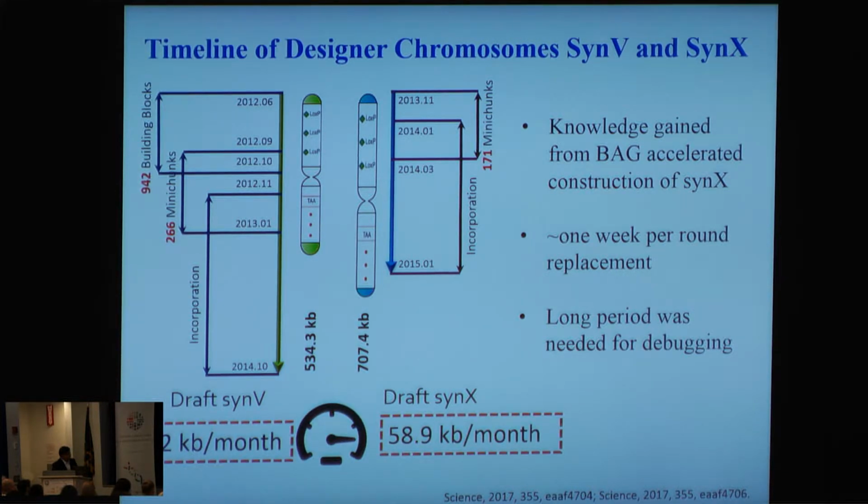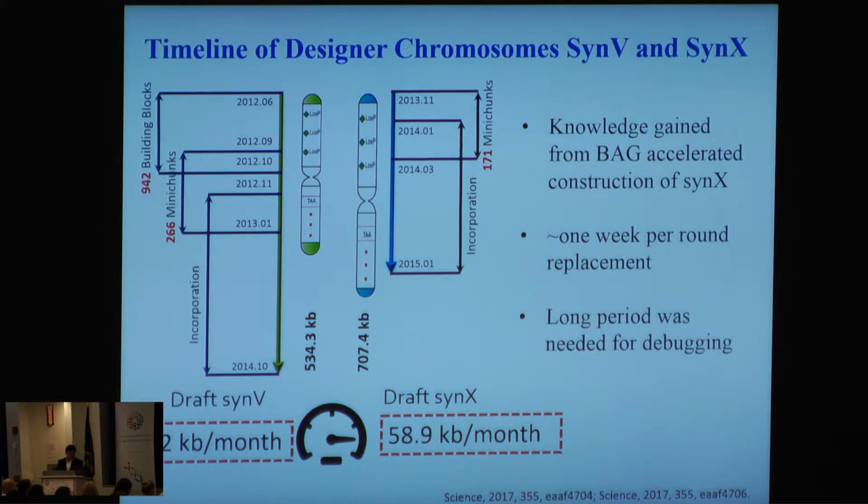By comparison, to get a draft version, it takes a month. We can chemically build about 23 kilobases, but for chromosome 10, we have a much faster speed because we learned a lot.